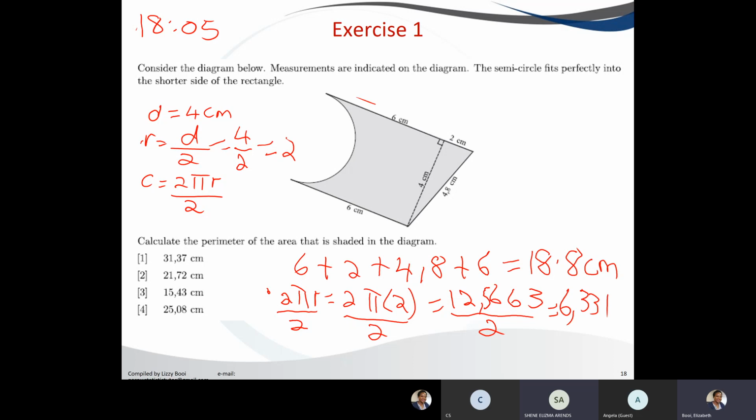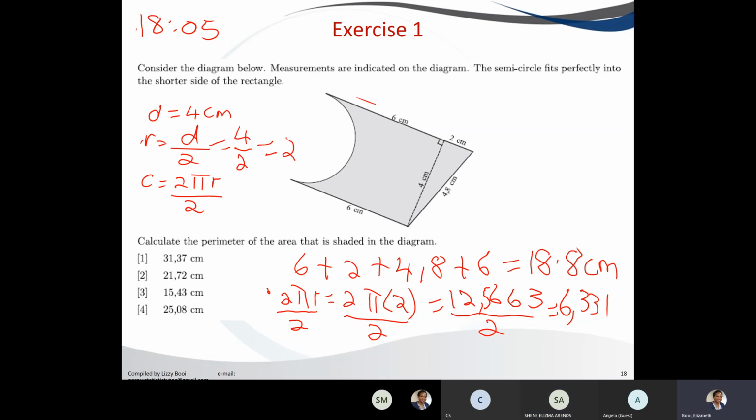And then I just added the 12.5663 plus 18.8 centimeters. Yes, but it's a half a circle, so you need to divide by 2. Remember, it's a half a circle, so you cannot use the 12.5663 and add it to the 18.8.